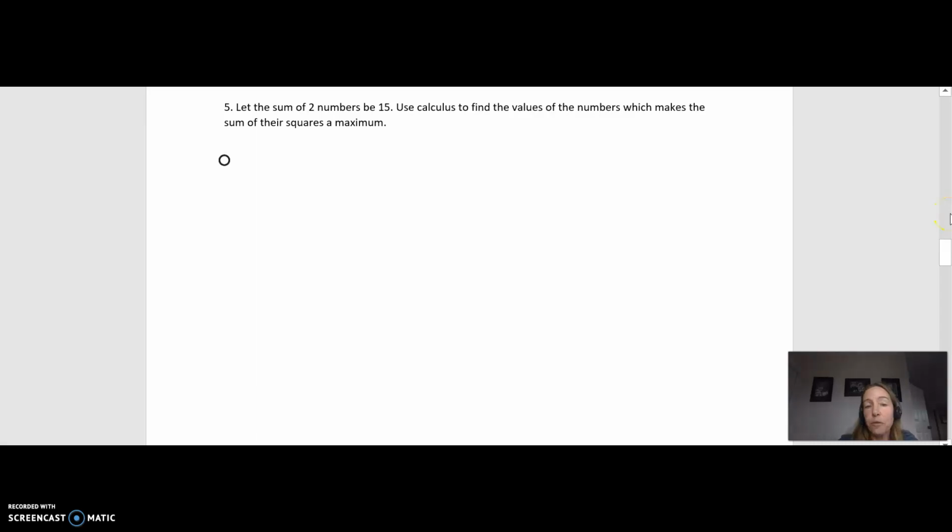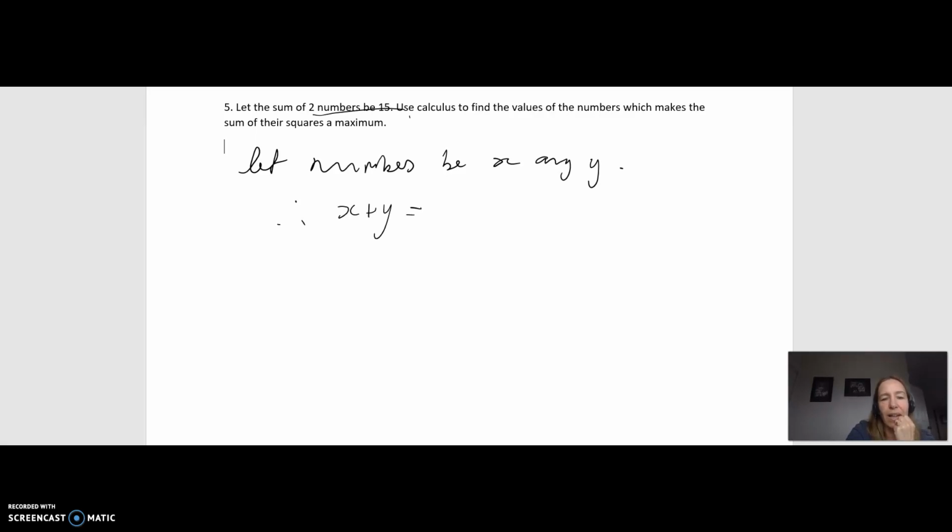Okay, let the sum of two numbers be 15. So let the numbers be x and y. They sum to 15, so x plus y equals 15.